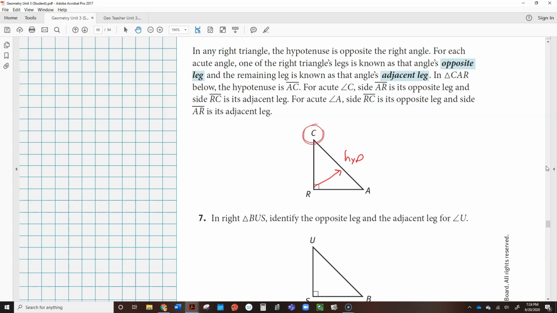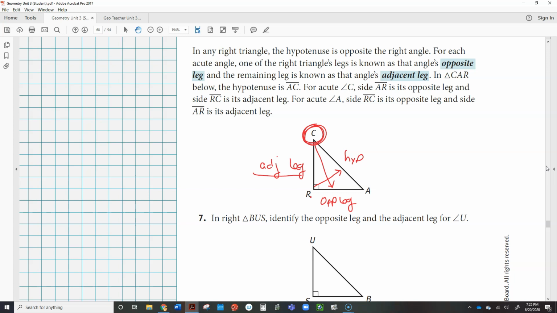But if we're talking about angle C, and we want to talk about this leg right here, then for angle C, side RA is a leg, but it's considered the opposite leg. And the same thing is true for the leg CR. If we're talking about angle C, this is a leg, okay? It is a leg, but for angle C, it's the adjacent leg.